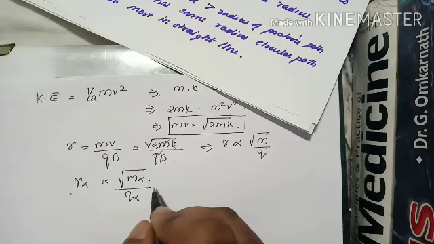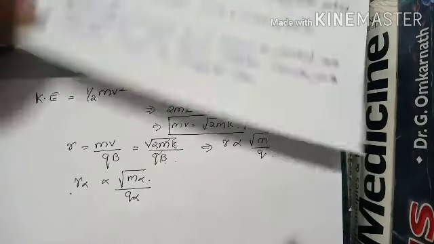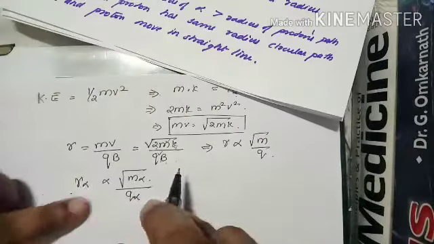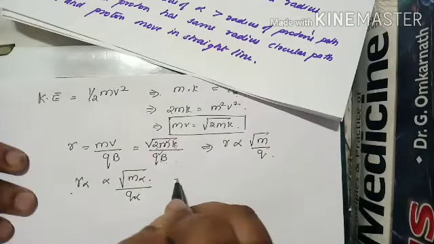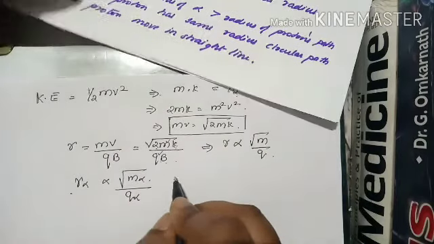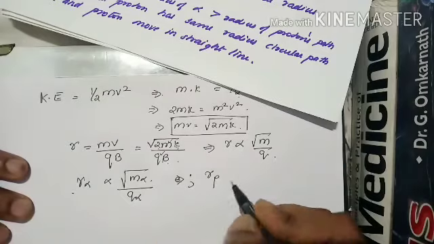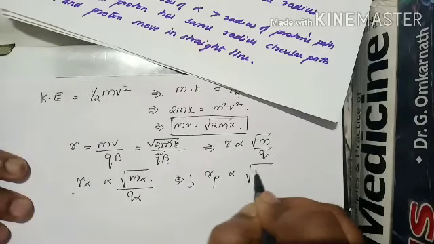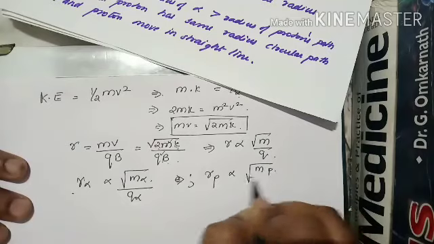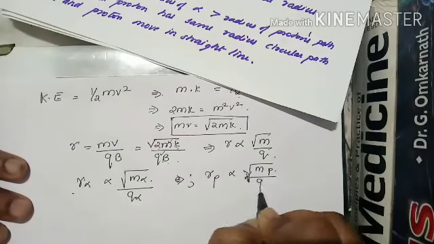Now what is q of alpha? How much charge is there for alpha particle? There are 2 charge. So in place of q, I will write it as 2. What is radius of proton? Proportional to root of m of proton divided by charge of proton.